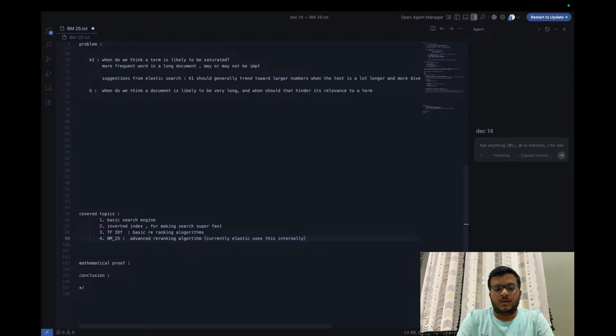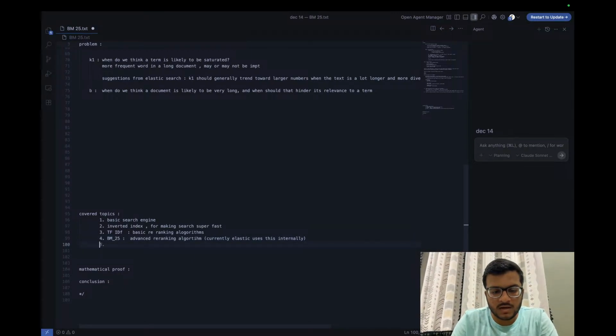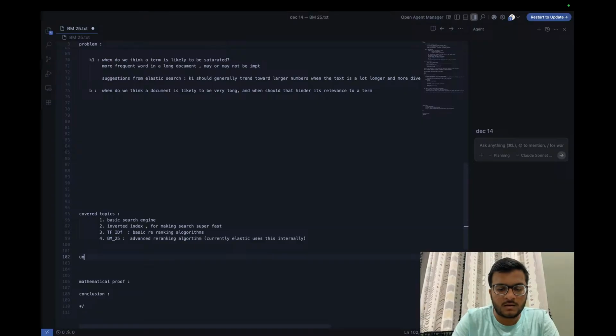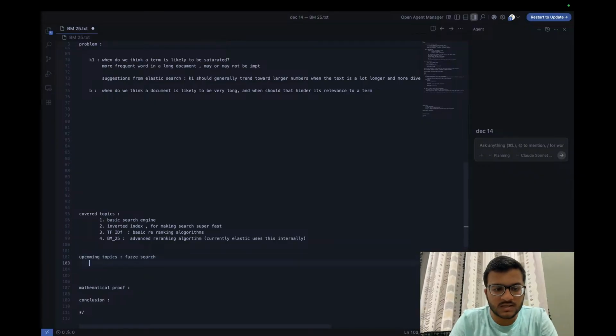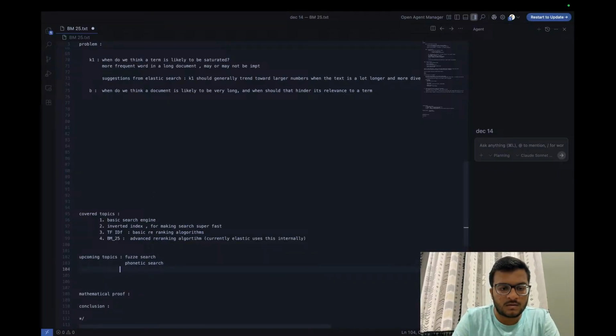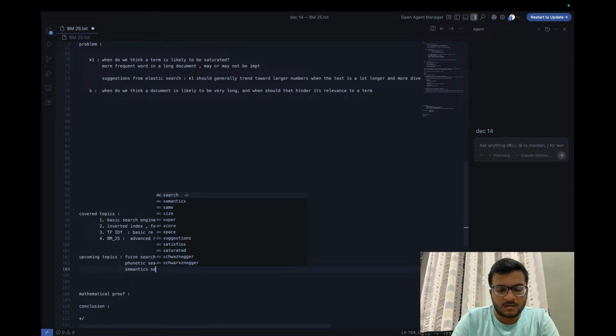So what will be upcoming in this series? Maybe fuzzy search, because users can search anything, right? Phonetic search, semantic search.